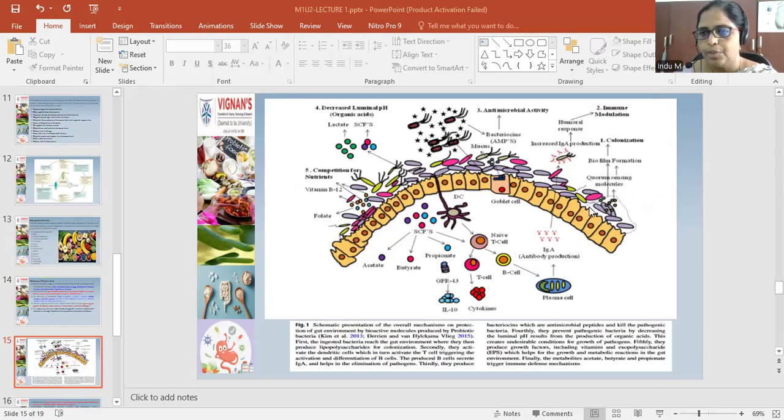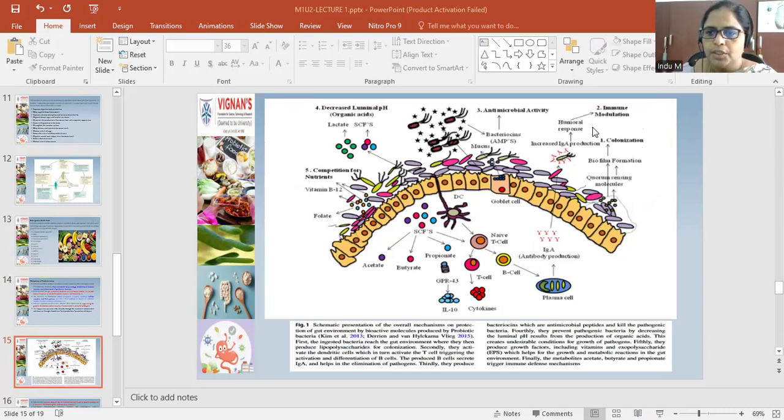This is called biofilm formation. And this biofilm formation occurs through quorum sensing molecules. Those are the signaling molecules produced by each and every organism, which coordinate together and produce the biofilm. So the first and foremost step is the colonization.